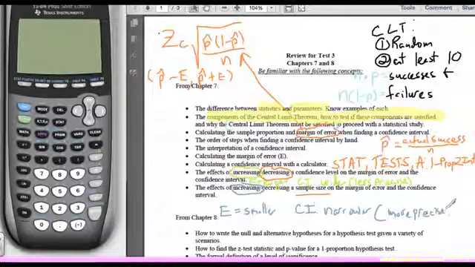And we have the exact same level of confidence. We don't change the confidence level. We would leave it at 90% or 95% or 99%. But by increasing the sample size, we would get a smaller margin of error, and our confidence interval will be narrower. And we'll demonstrate this as well in our Chapter 7 example video for this test review.